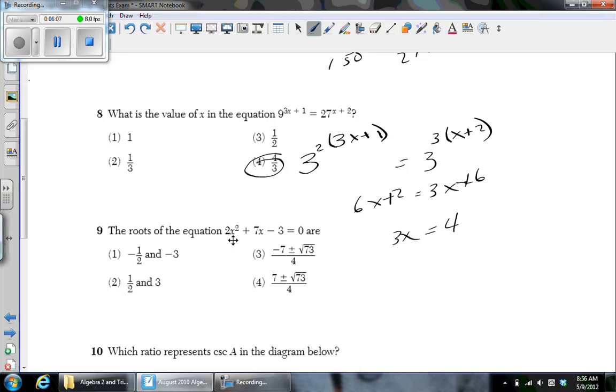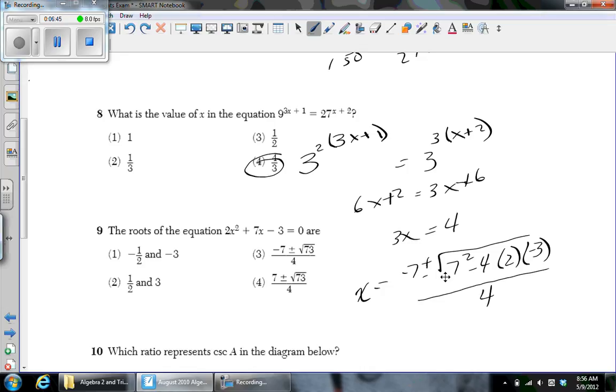Number 9, the roots of the equation are. Alright, so that's quadratic formula. So we get x equals negative b, which is negative 7, plus or minus the square root of b squared, so it's 7 squared, minus 4 times a, which is 2, times c, which is negative 3, all over 2a, so that's 4. Alright, a little math involved here.